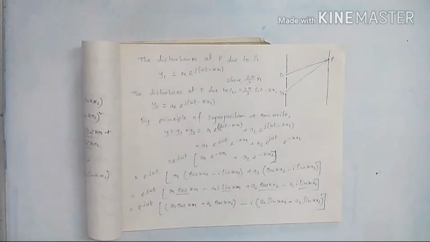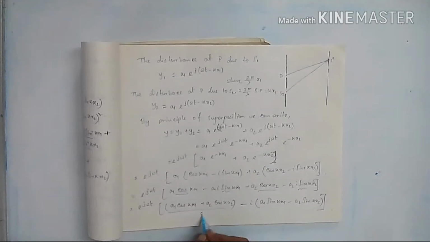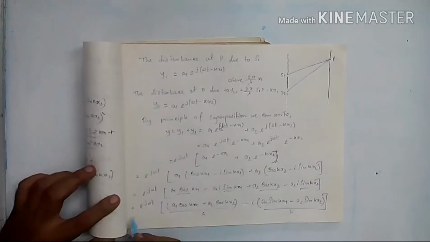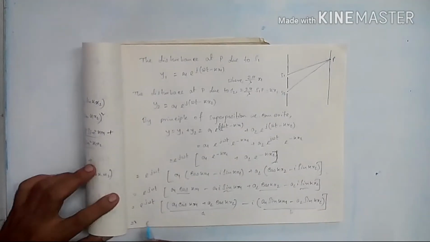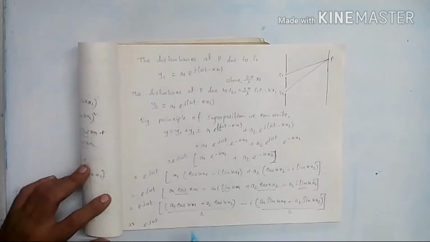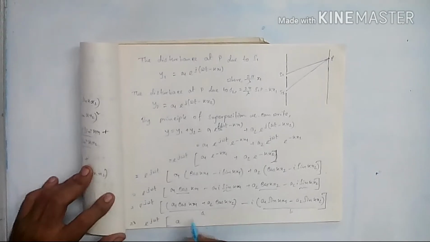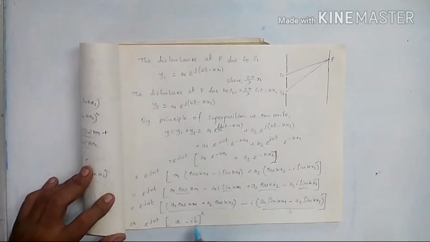Okay, now let this be a and this be b, so we can write e to the power j omega t times (a minus ib).